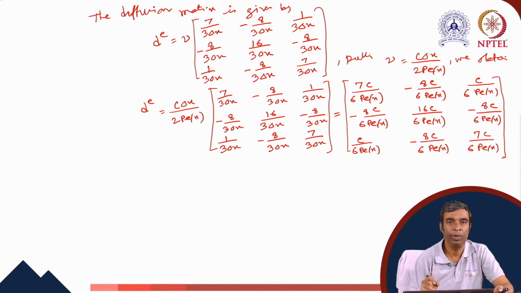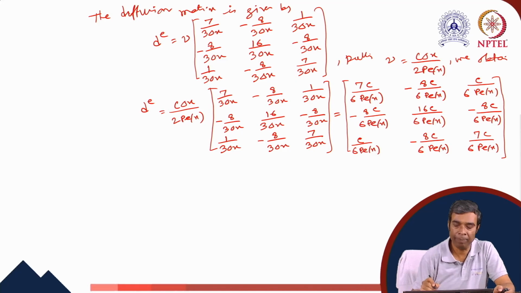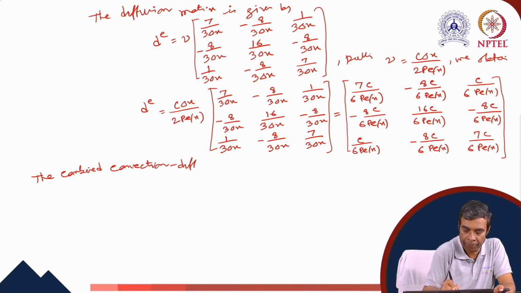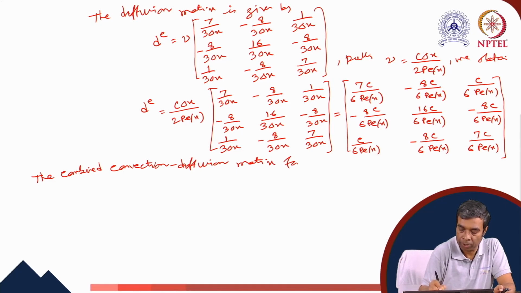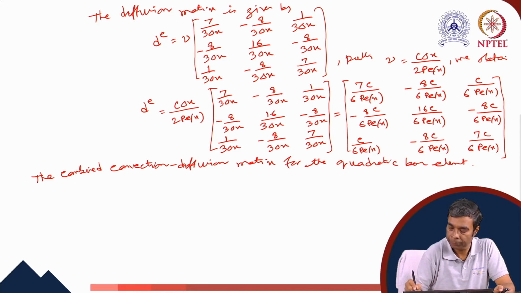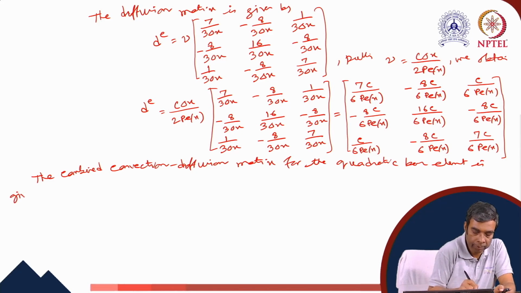So here we can combine the convection matrix and the diffusion matrix for the quadratic bar element. The combined convection diffusion matrix for the quadratic bar element is given by CE plus DE.